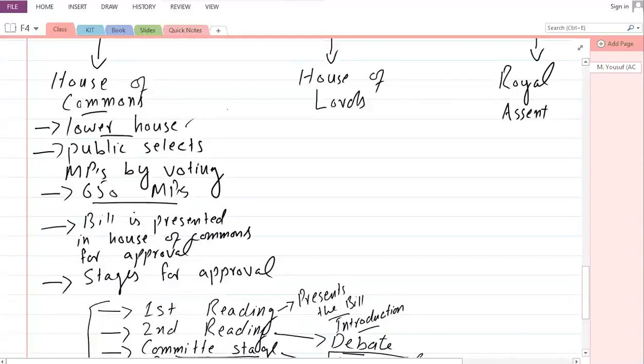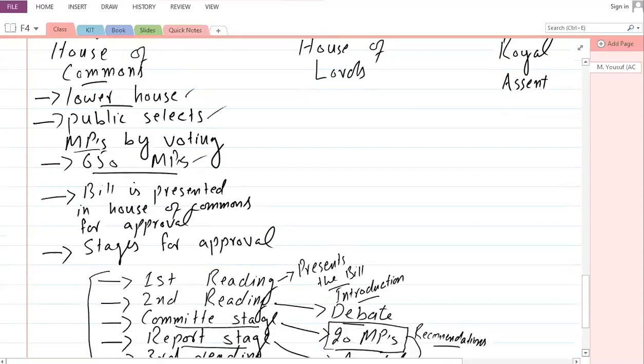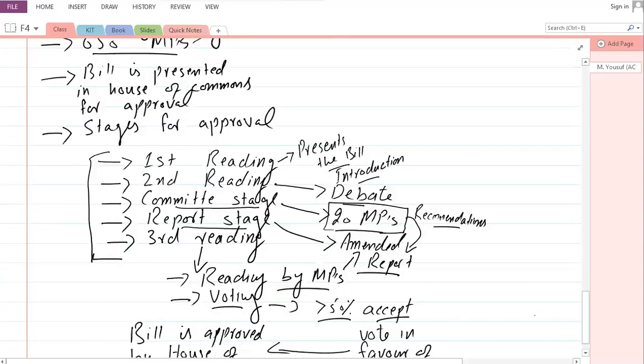It is a lower house. The public selects by voting. The members are called MPs, Members of Parliament. There are a total of 650 MPs. So how is a bill converted into an act? There are certain stages. First of all, that bill is presented by a person in the House of Commons, and then there are certain stages: first reading, second reading, committee stage, report stage, and finally the third reading.